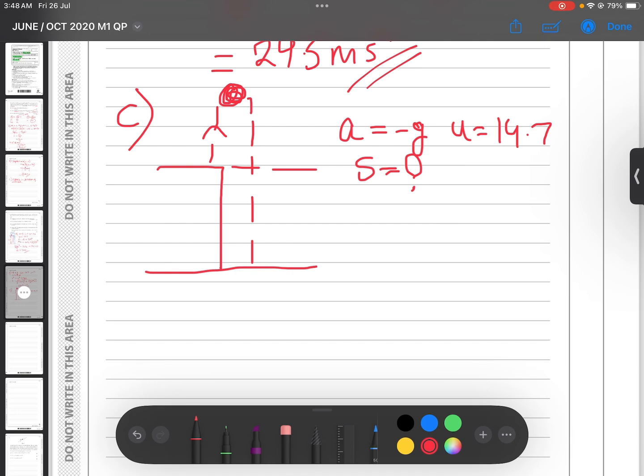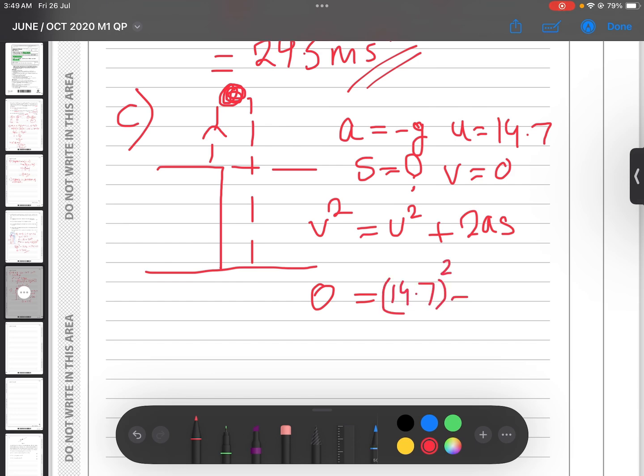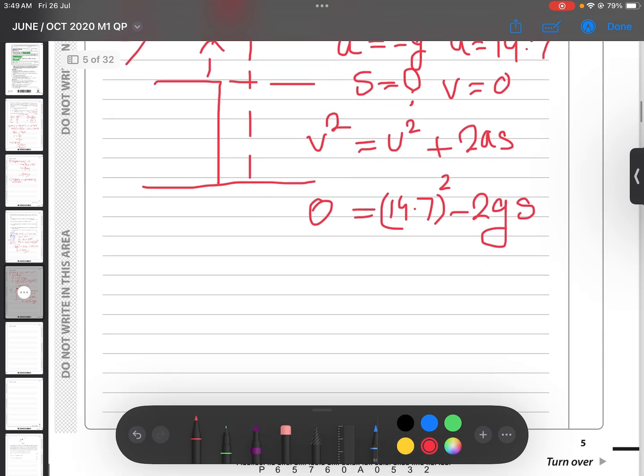The final velocity at the highest point is going to be 0. Now we can use the equation v squared equals u squared plus 2as, where final velocity is 0. 0 squared is obviously 0. Initial velocity 14.7 the whole squared minus 2g, s is the question mark. Simplifying this, we'll get s is equal to 11.025 meters.